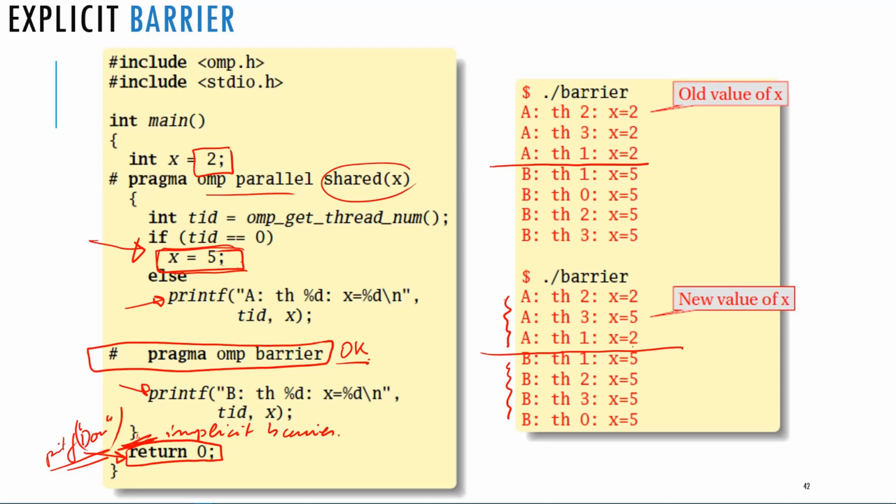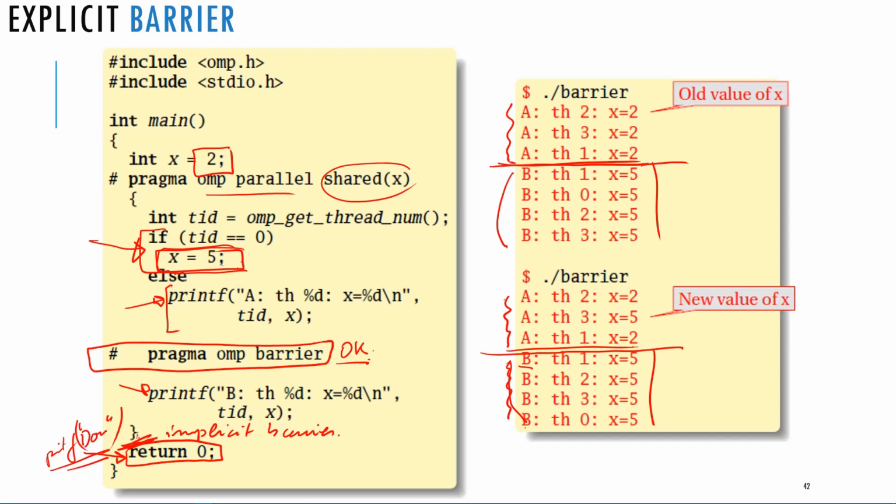As you notice here, only thread number 0 is displaying x equal to 5, so the others are displaying this sentence A, and thread number 0 is not displaying sentence A. Afterwards, thread 0 is displaying, with all the others, the new value of x with this letter B. So neatly, all the B's are being displayed after the A's, as we said, because we have an explicit barrier.